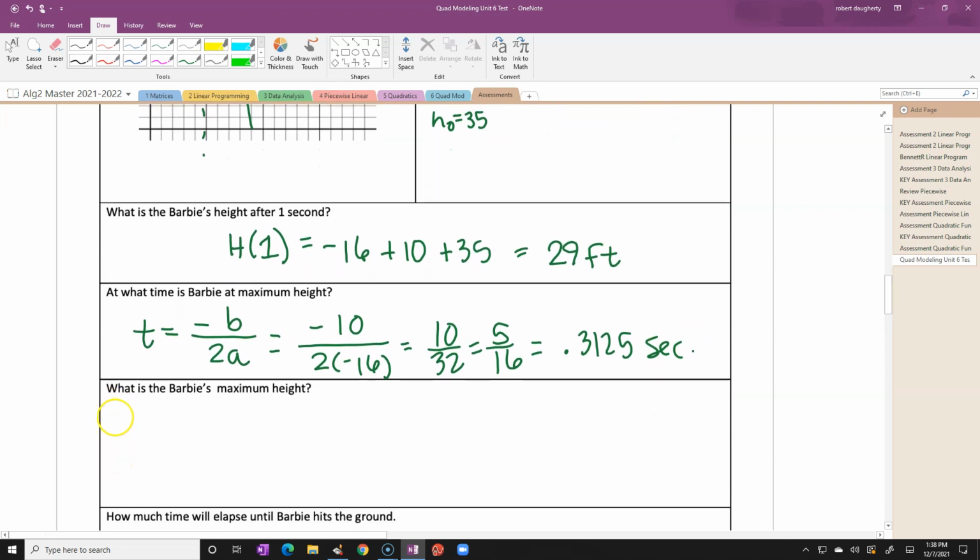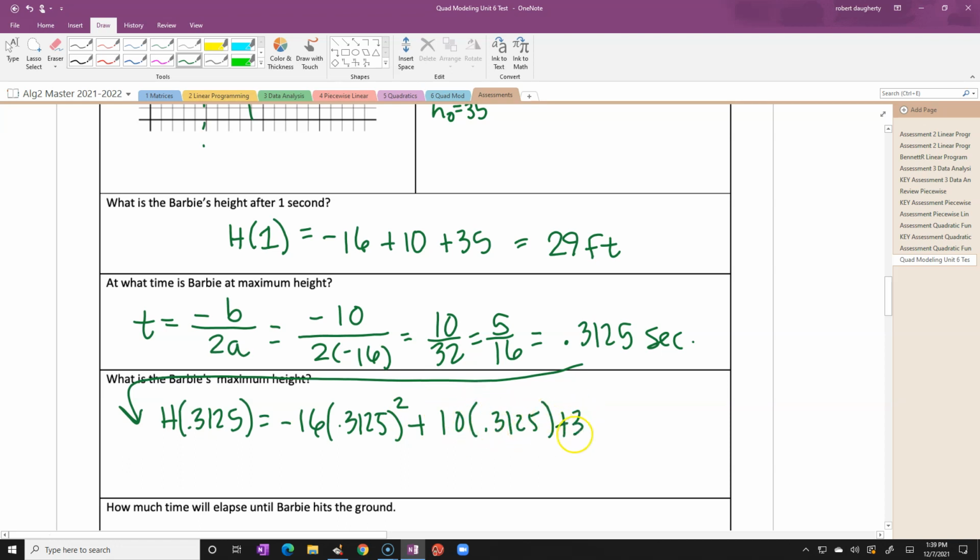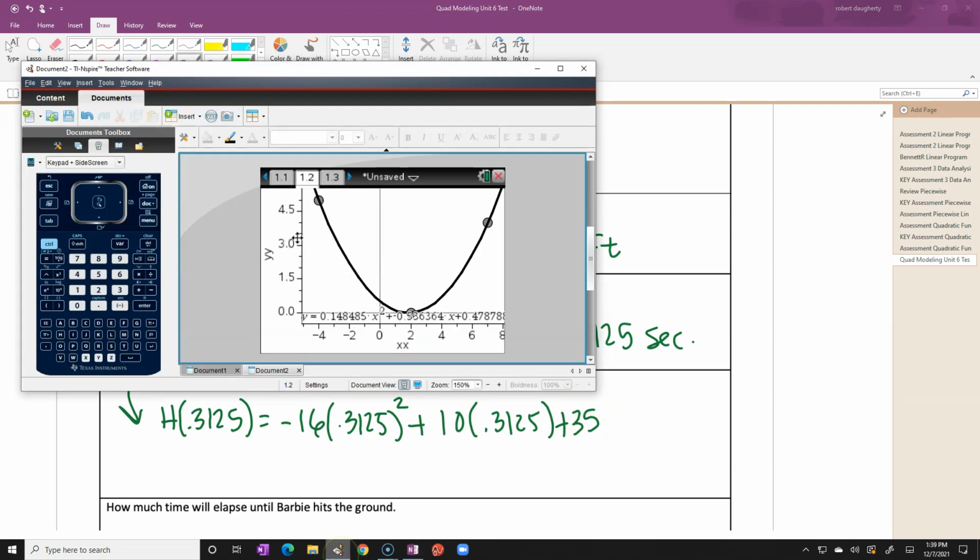What is the maximum height? Well, the maximum height occurs when I plug this number into the equation. So h of 0.3125 is negative 16 times 0.3125 squared plus 10 times 0.3125 plus 35. And I will go straight to my calculator for that.